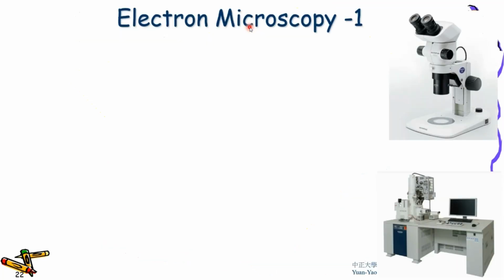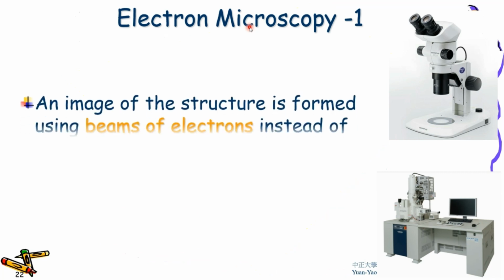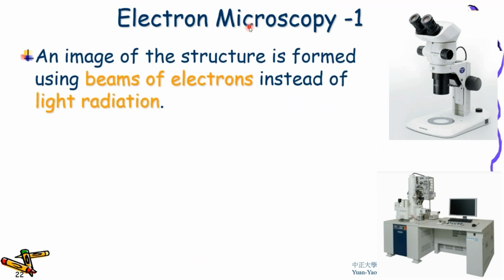Okay. So with an electron microscope, the image of the structure is formed using a beam of electrons instead of light radiation. So you use light, right? Light can be blue light, white light. But the electron microscope uses an electron beam instead of light radiation.